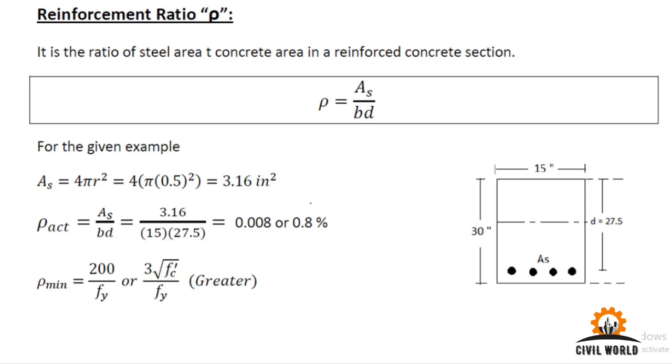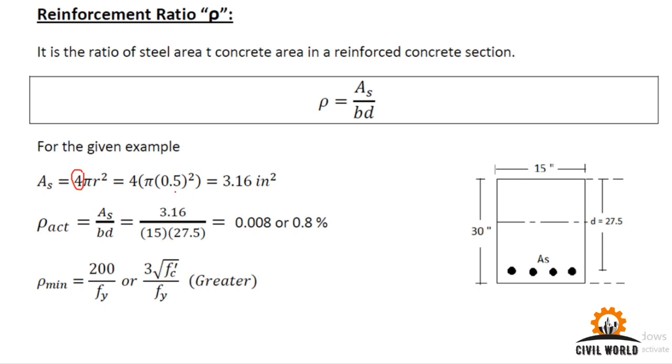So talking of reinforcement ratio in this case, in the example which we already solved, we had four number 8 bars, and to calculate reinforcement ratio for this case, we have to first calculate the total area of steel, which is 4 for total number of bars, and then pi r square for area of steel.